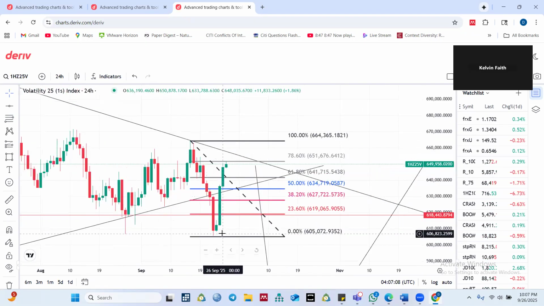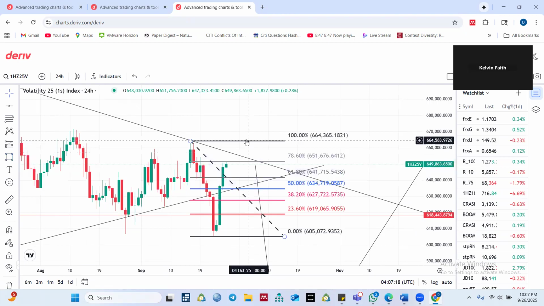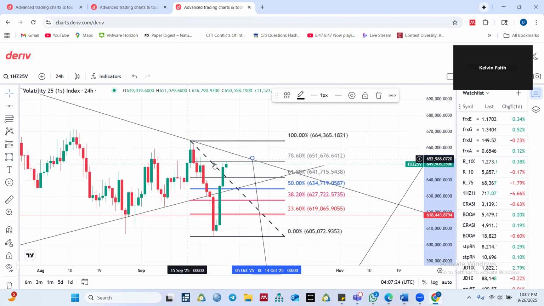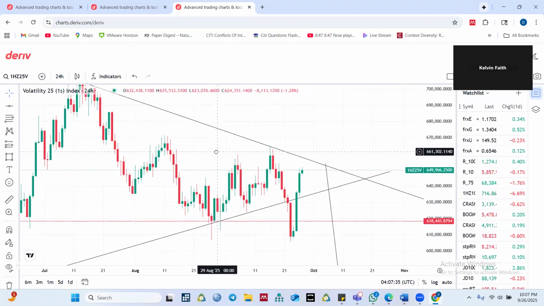From this high, price has pulled into equilibrium already, and then we are in premium at 78.6%. That place happens to also be close to the trend line, and then let's see if we can have a support resistance at that angle. That can help us be confident in this trade if we want to sell.